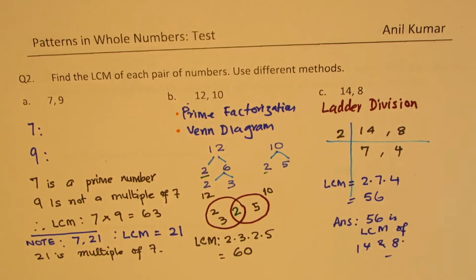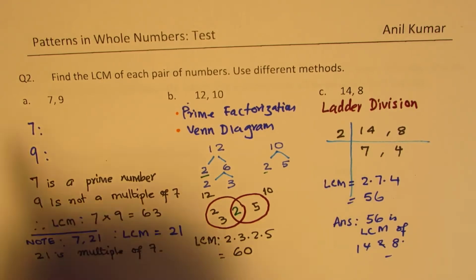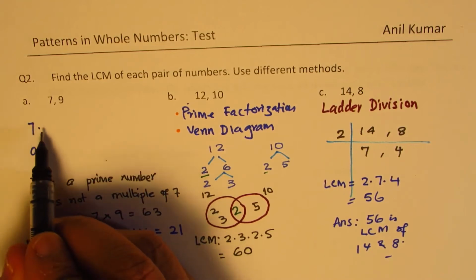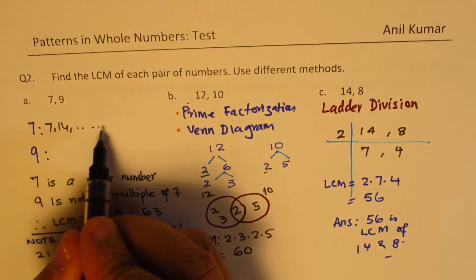So I hope with this, how to find LCM between two numbers is absolutely clear. You've learned different ways of finding the common multiples. The first method was to list all the multiples. For example, I could have gone like 7, 14, and so on, all the multiples.